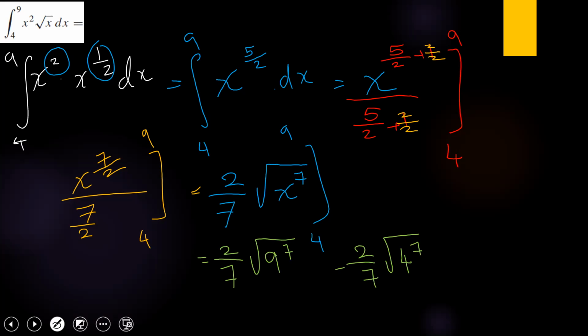Let's wait, I want to use a calculator here. The final answer is 588 times 2 over 7. Inshallah, this will be the correct answer. Is it clear? Yes, teacher.